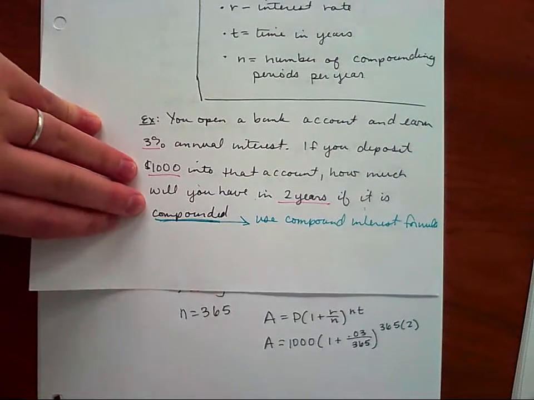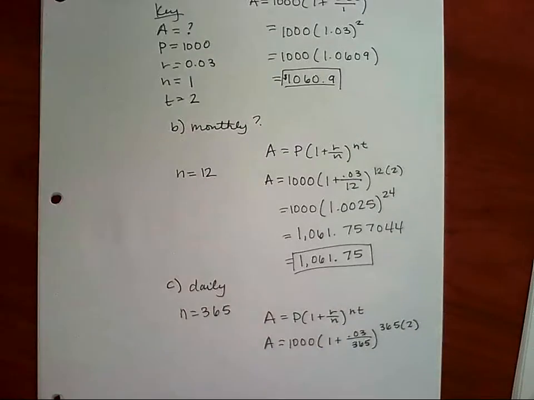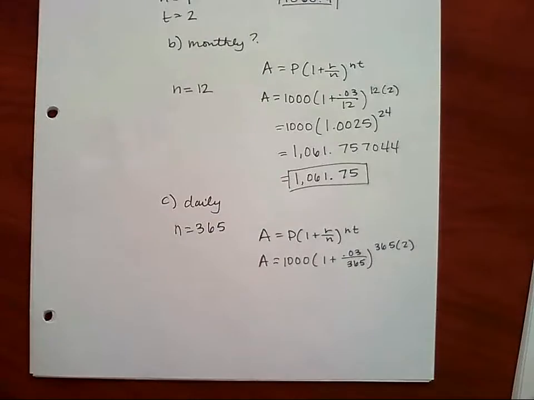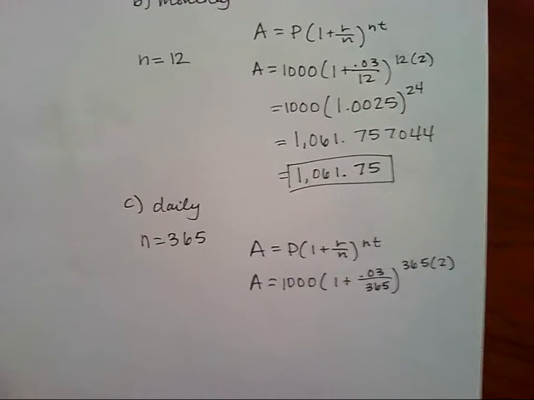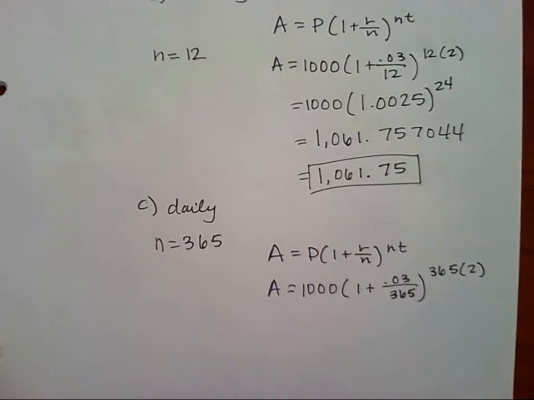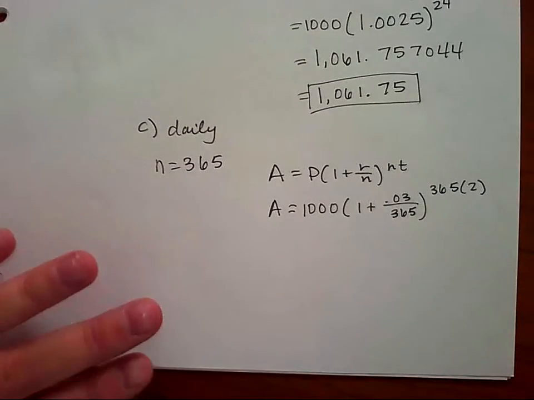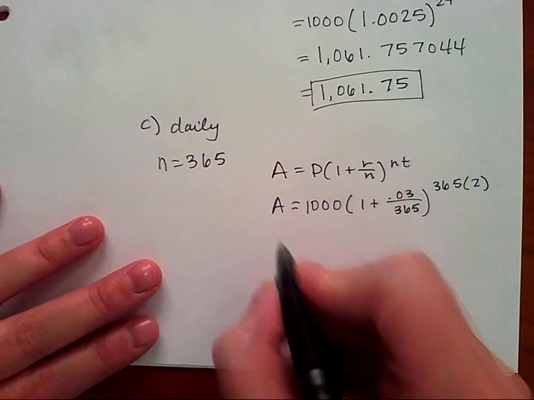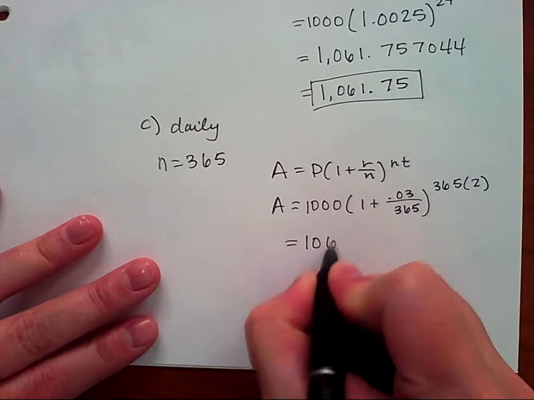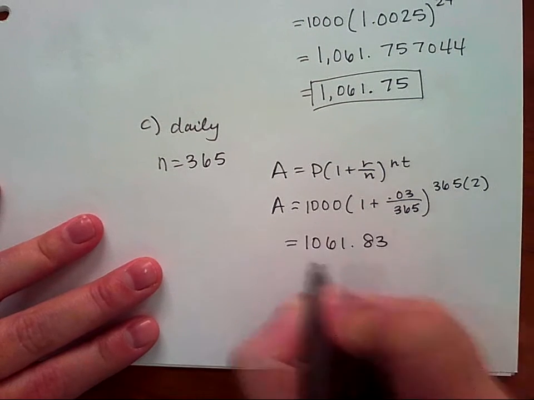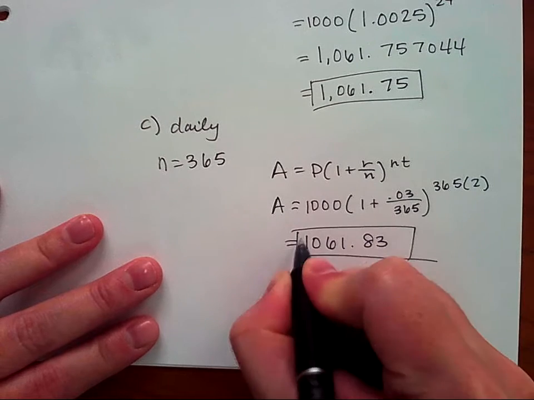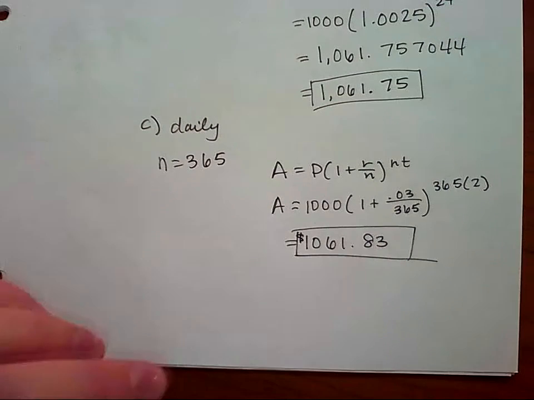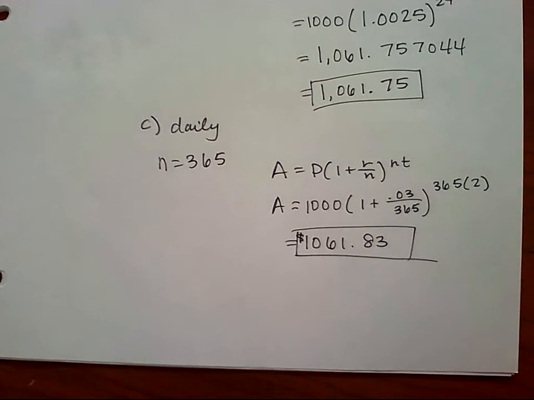Quite a few people ask what N is in this case, so we have to be clear about what N is. All right, and then what did you guys get? 1,061. What do you get when you take 0.03 and divide it by 365? I got like 0.0000008.